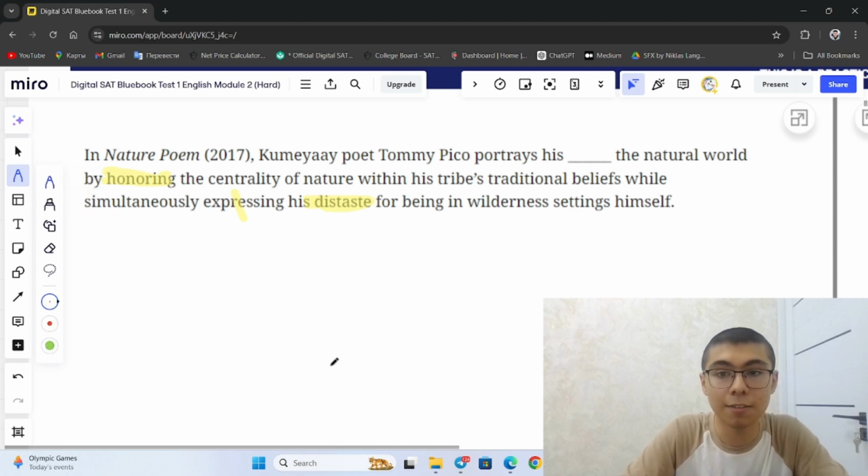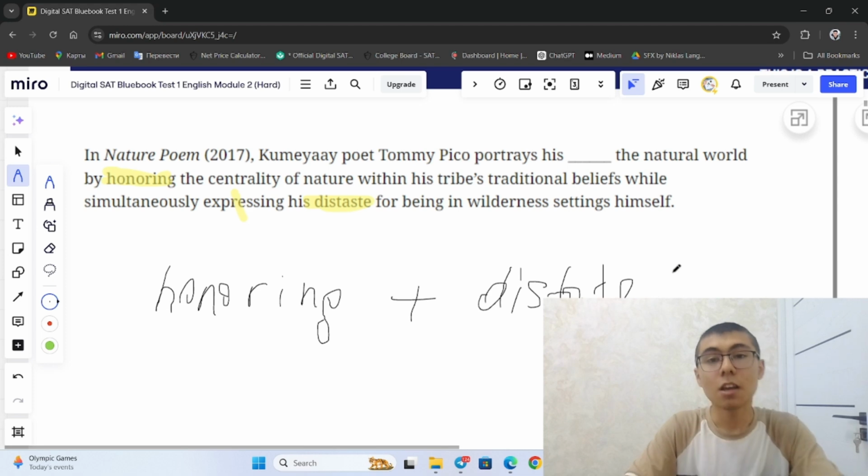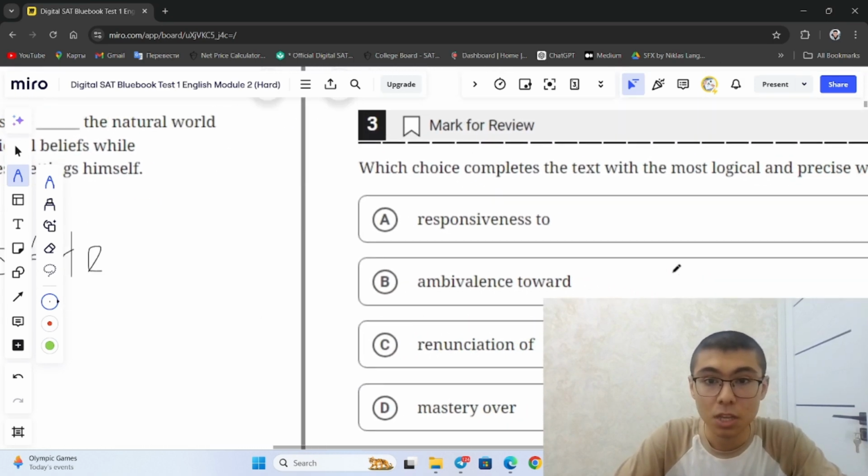So I want a noun that means both honoring and distaste. So always just guess the answer before going to the answer choices. So let's have a look at the choices.